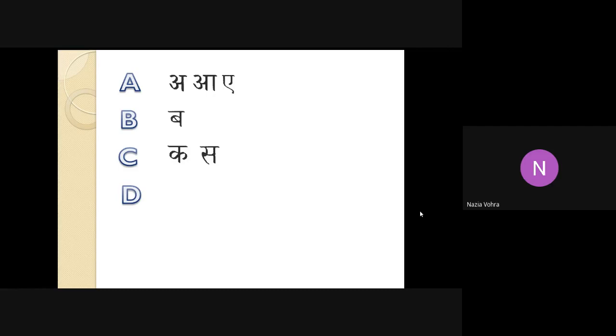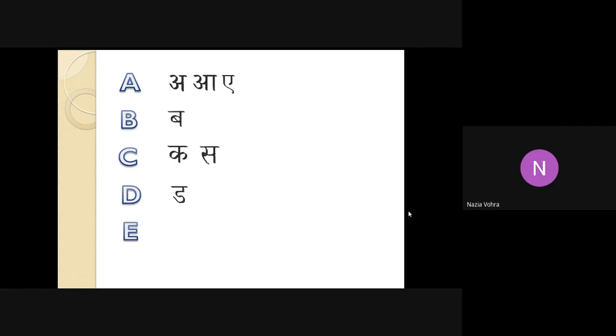C as S is in ceiling or a ceiling fan. Do you know what a ceiling is, right? Okay, so K and S are going to be the sounds for letter C. Then we have D. The sound for D is D.